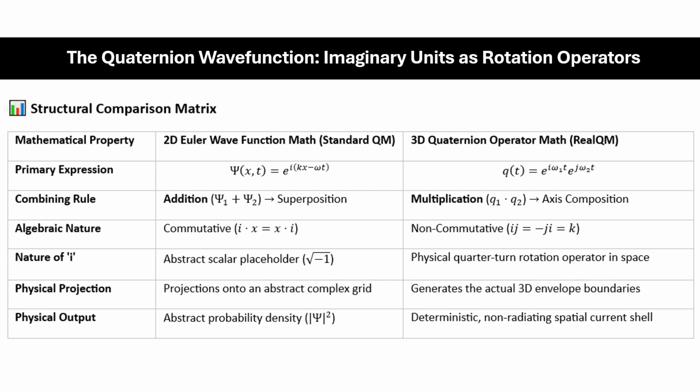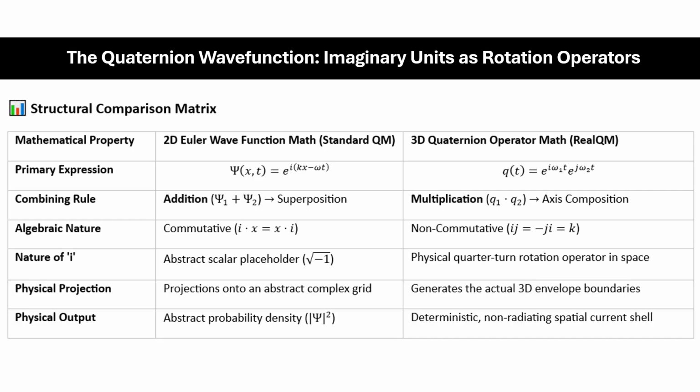So let me go over it. I said that the nature of the imaginary unit, for us, is a physical quarter-turn rotation operator in space, and we can have 3 of them. That explains Quaternion math. The physical projection: the standard model doesn't even do that, but you can do projections onto an abstract complex grid, and that shows you motion.